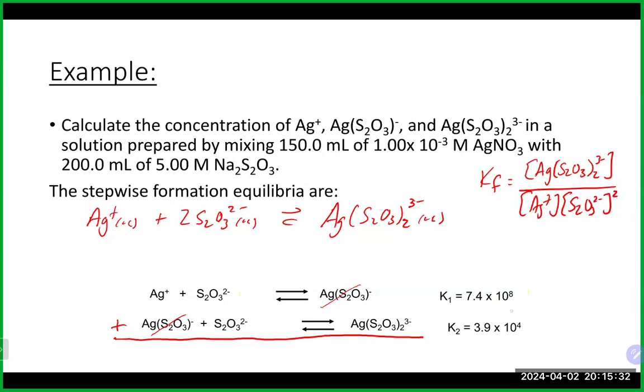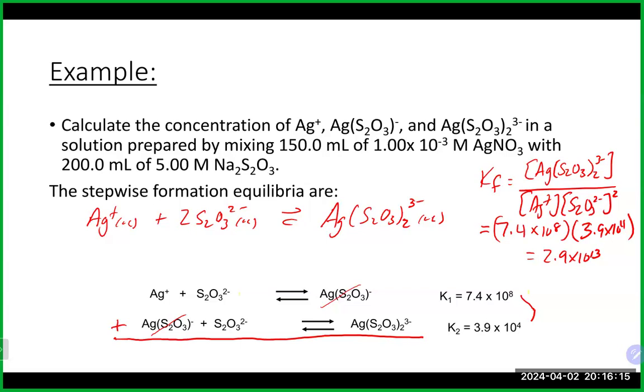We actually don't have the KF value given to us, but since we added both of these together, if we wanted a value for it, we could get the KF value by multiplying those together. 7.4 times 10 to the 8 times 3.9 times 10 to the 4. That's going to give us, we'll call it, 2.9 times 10 to the 13 in this case. First off, any questions so far on that?